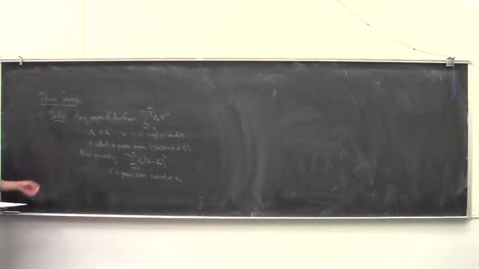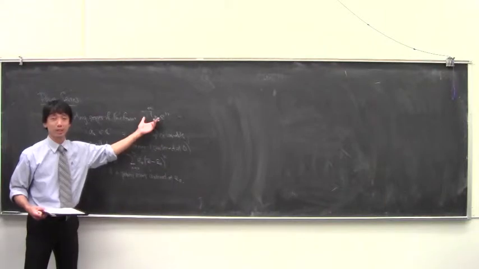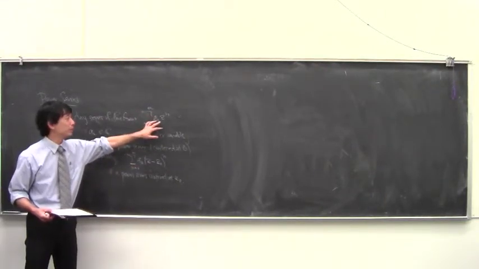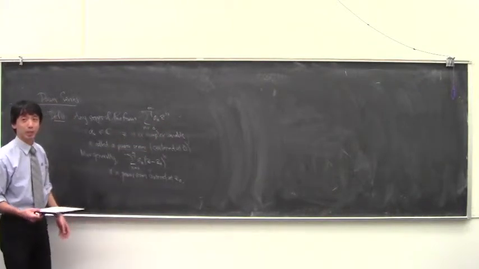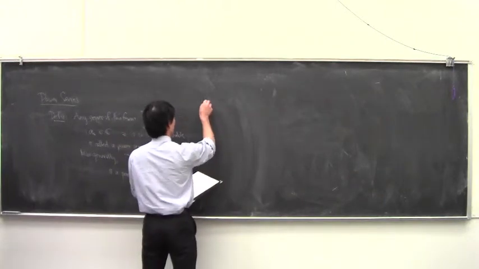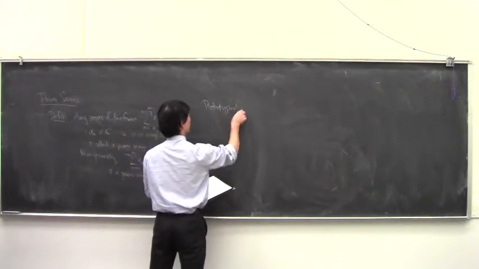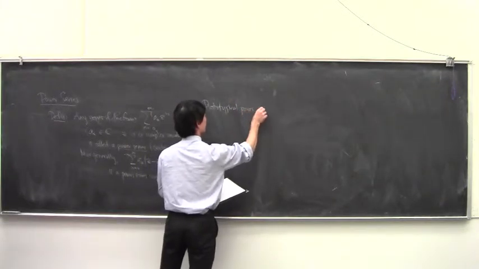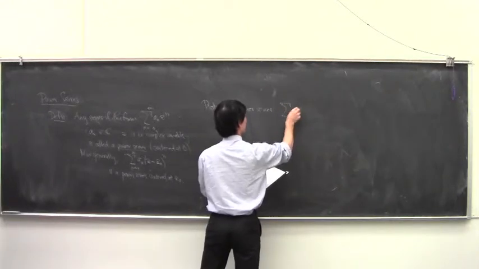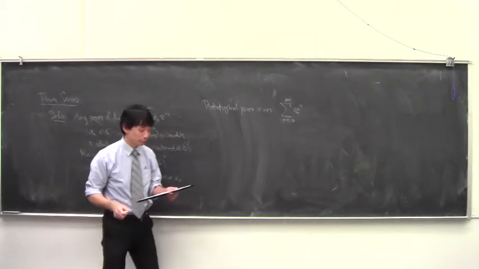So what's a power series? It's basically a function that's described as an infinite series, where the infinite series is like a polynomial. The prototypical power series is the geometric series, summation z to the n from 0 to infinity.